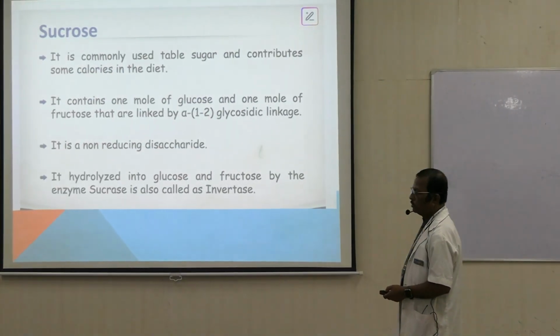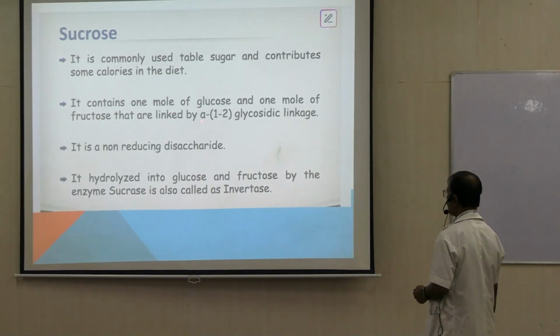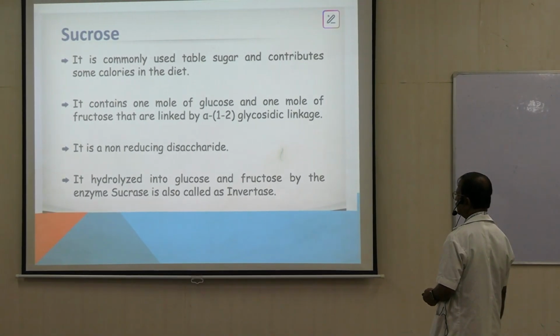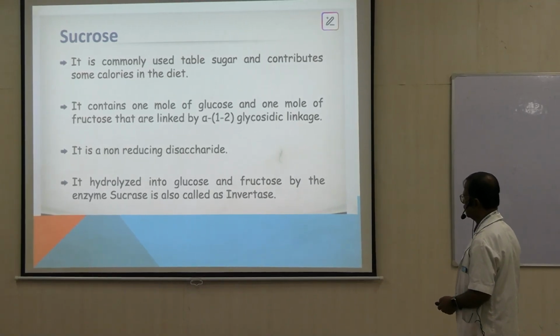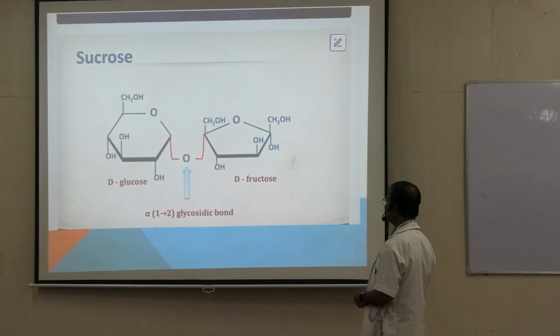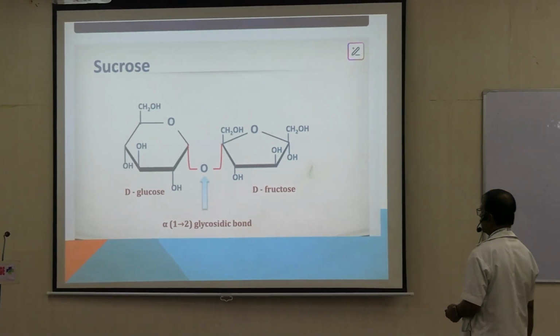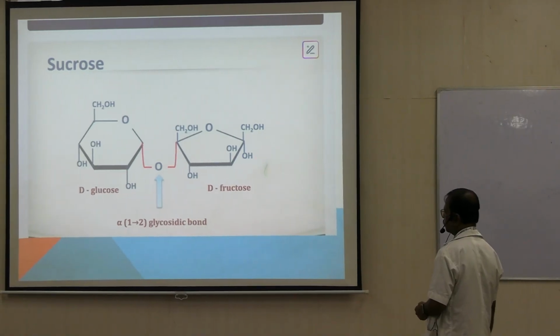Now, sucrose is linked by alpha 1,2 glycosidic linkage, and it is a non-reducing disaccharide. Why non-reducing? See, this is the glucose, this is the fructose.